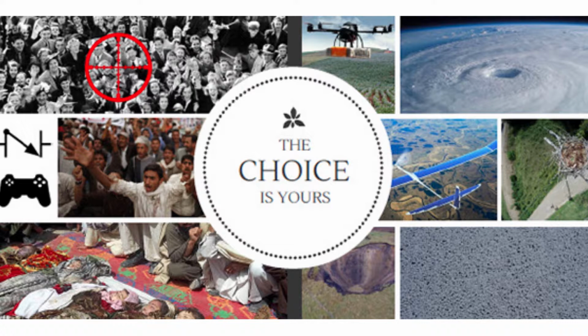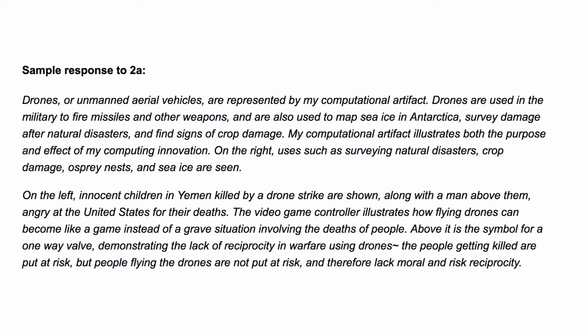So as a reader, when I look at this, I then go to the written response of 2A, and you can see that the student has said drones are represented by my computational artifact. My artifact illustrates the purpose and effect of my computing innovation. On the right, probably positive uses, and on the left, negative uses is what it looks like. So the student has told me what their computational artifact illustrates and how it illustrates what it is.